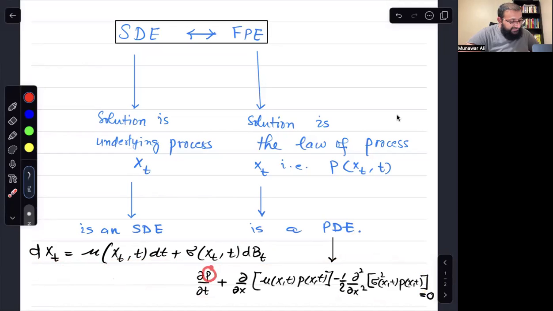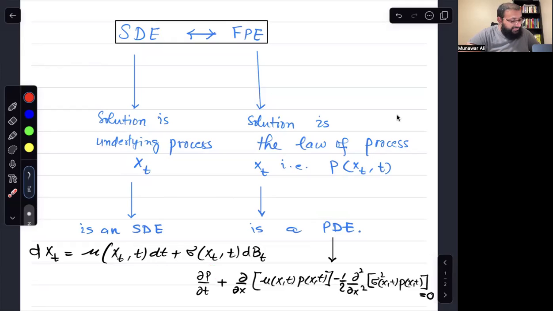And the solution of this Fokker-Planck equation is this p of x, t, which is the law of this process Xt, or what is the probability of Xt at any time t. What is the probability of Xt taking a certain value at time t? So this is the overall game.